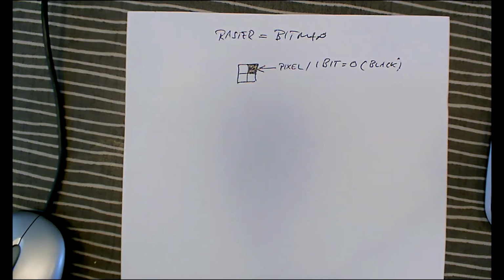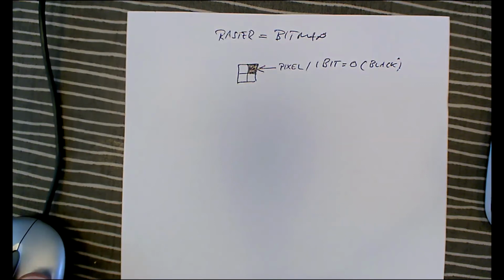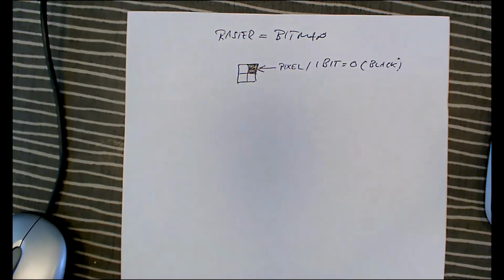There are raster images or vector images. And one type of raster image is a bitmap. Okay, and a bitmap is basically a picture made up of bits and pixels.